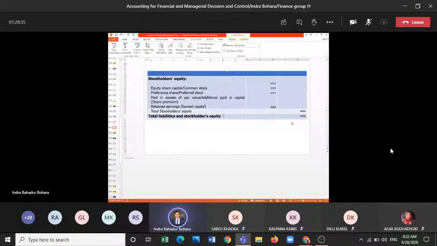And here in the plus 2 and bachelor level, till plus 2 and bachelor level you studied the word share premium, but in books of account it is written as paid in capital and paid in excess of par value when company issues the shares over its par value of ₹100.